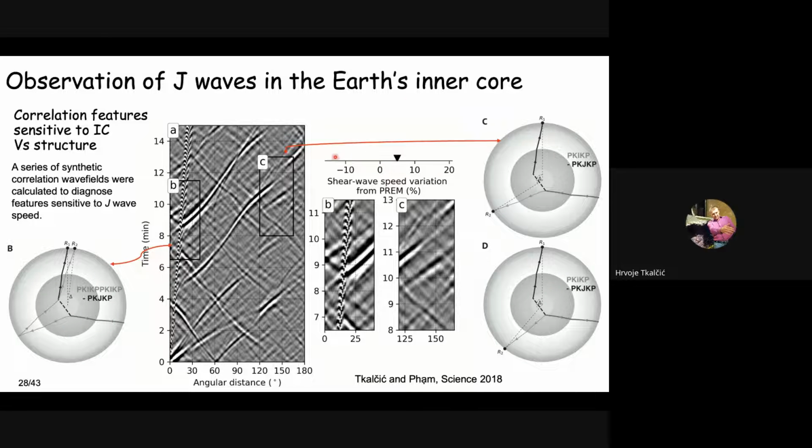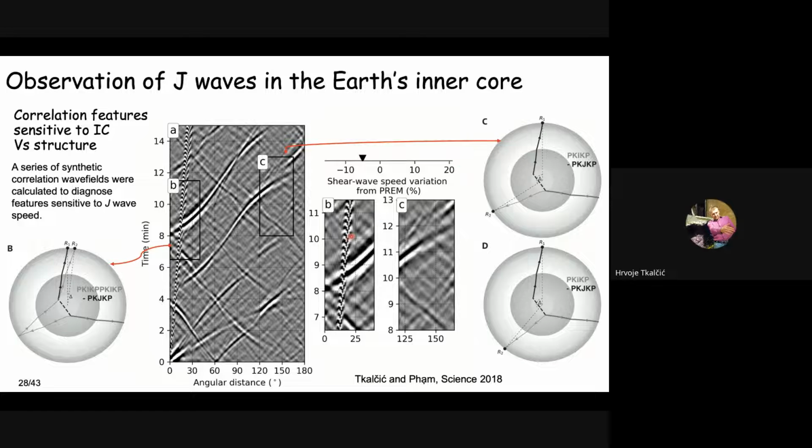And here is what happens when you change shear wave speed from minus 15% to plus 20%. You can see that the global correlation wavefield is pretty much stable, and this is what we would expect. Except in this window B here, you can see the cusp of energy that sort of goes up and down, right, as we change the shear wave speed.